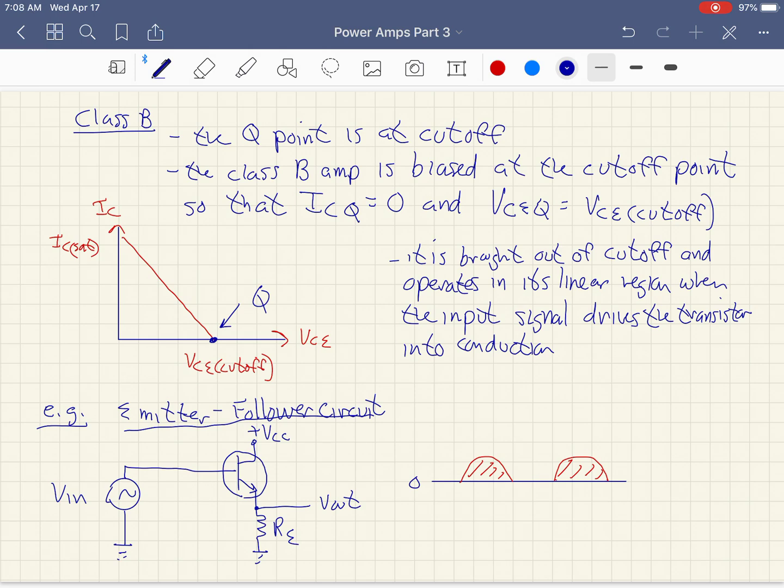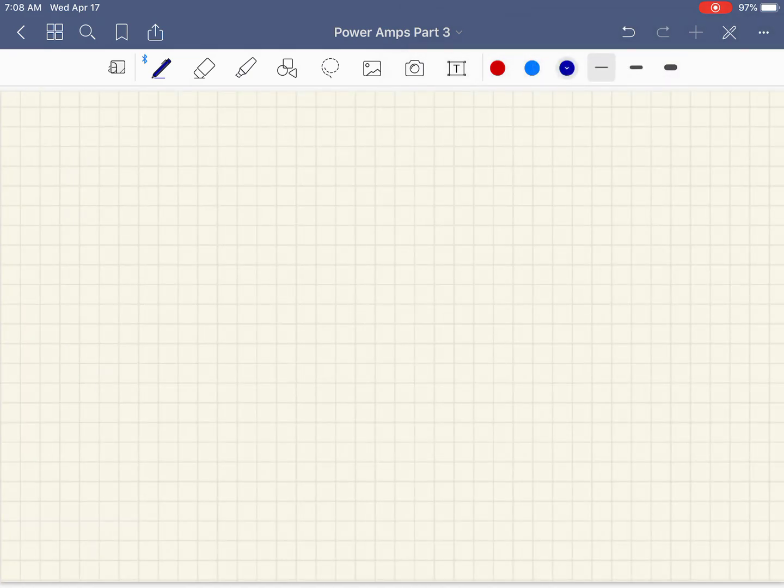All right, so I can draw another little diagram here. Let's go to the next page. Let's take a little closer look at what's going on with our input signal. I wish I had this all on one page, but I don't. All right, so we've got 0 here. Here's our sine wave.